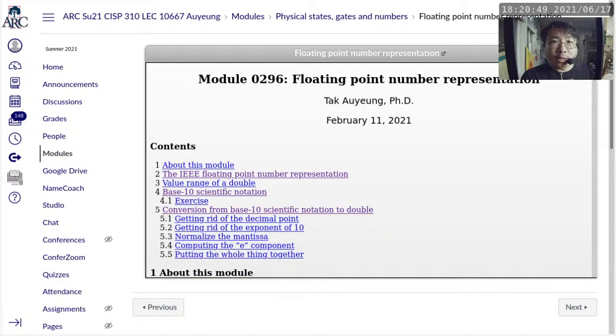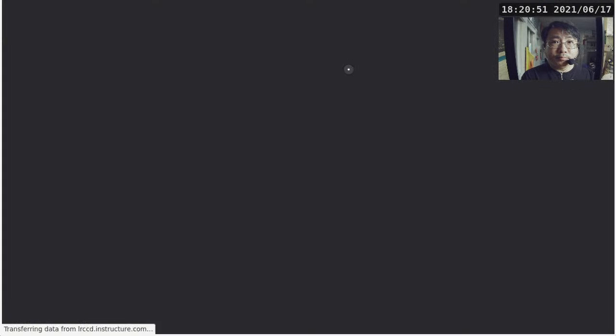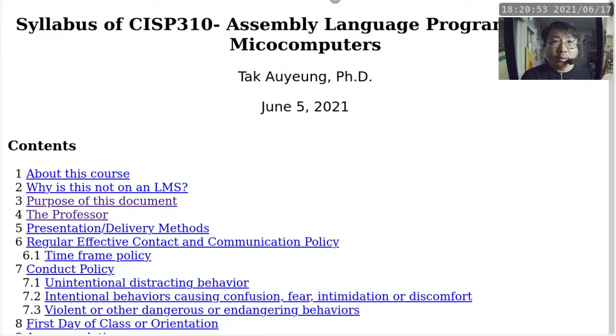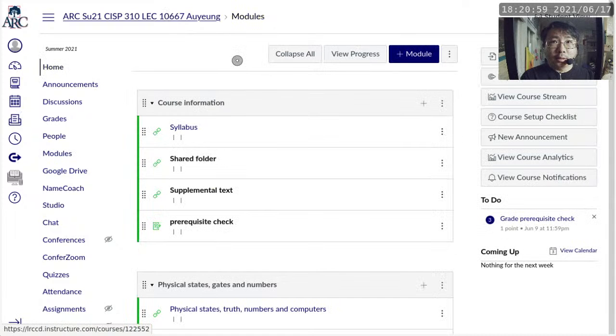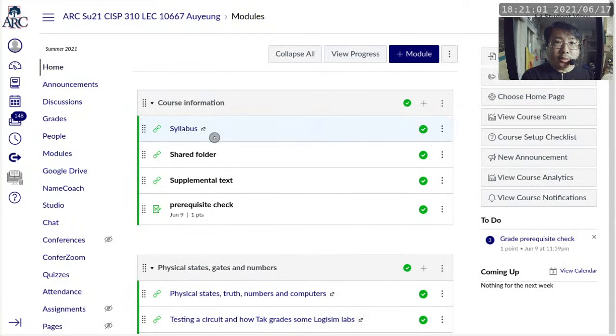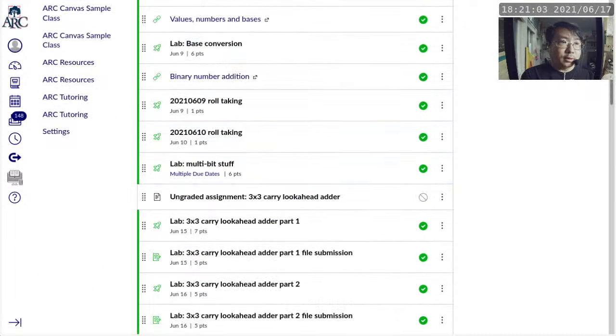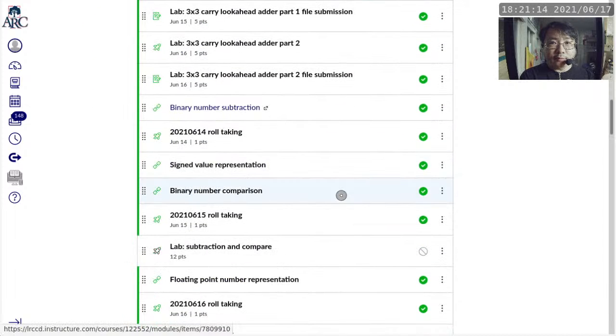Alright, so getting back to, okay, I just need to find one instance. There we go. Yep, that's the right class. Alright, so the word for roll taking today is regex, which is how we usually write regular expression. But the quiz is not open yet, so I'm going to have to open that up.